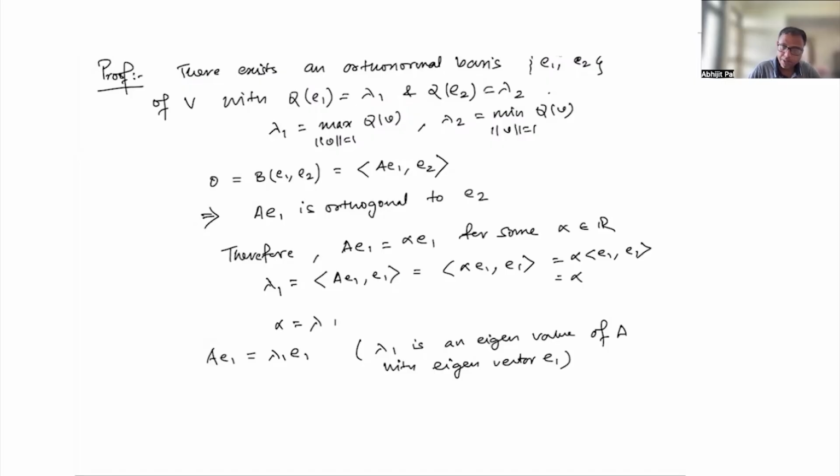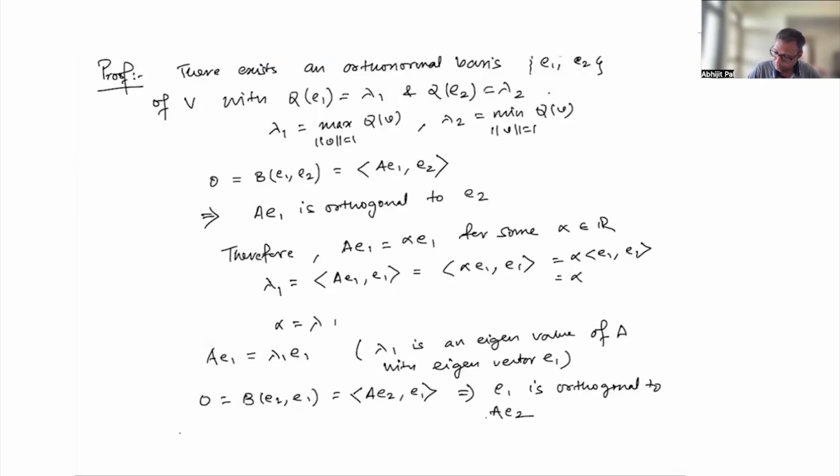Okay. So similarly, 0 is equal to BE2 E1, which is equal to the inner product A E2 comma E1. So this implies that E1 is orthogonal to AE2.